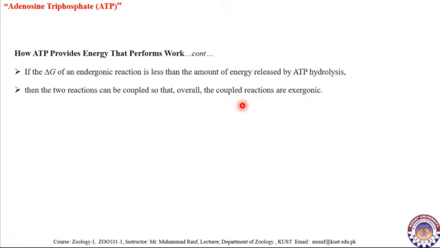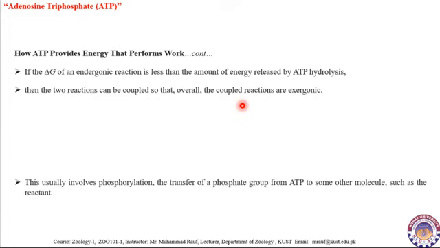Suppose it is 3.3 kilocalories or 4 or 5 or 6, but less than the energy produced by the hydrolysis of ATP. Then both these reactions are coupled and the energy released by the ATP increases the energy of the reactants. It brings the reactants to a transition state, and then they can convert into products easily.